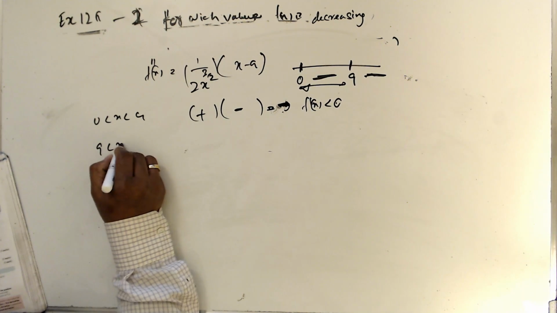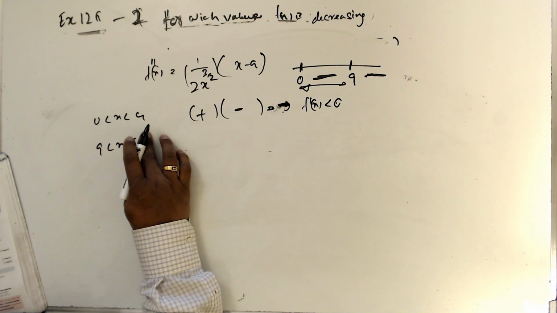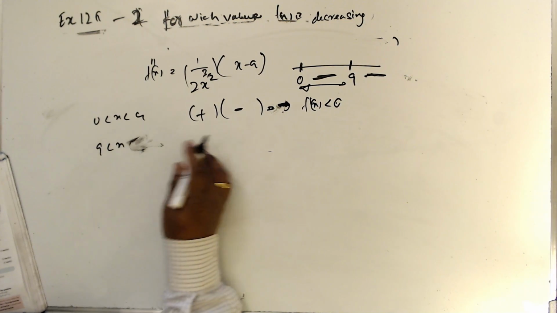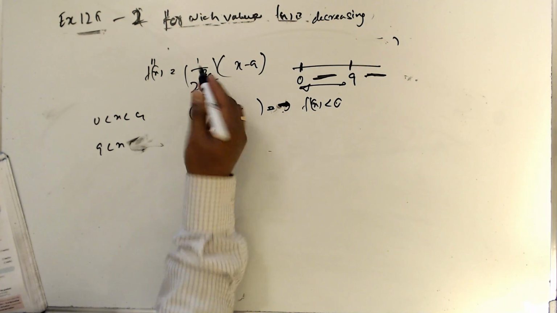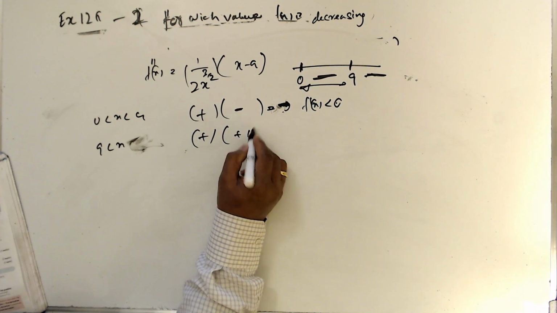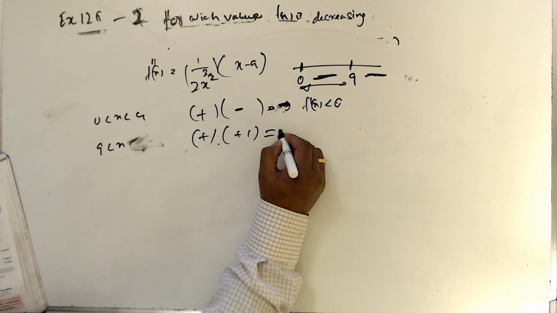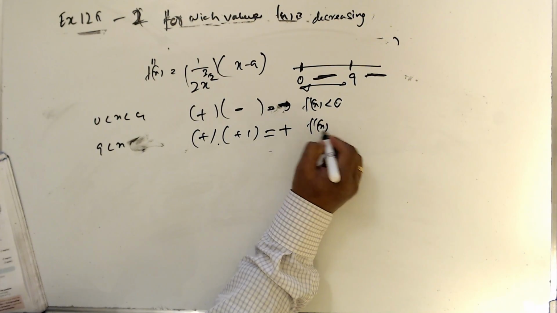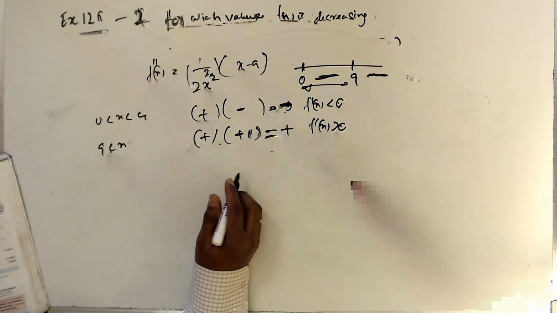For x greater than 9, this is plus always, and this value is plus. So plus times plus is plus, f dash x is greater than 0.